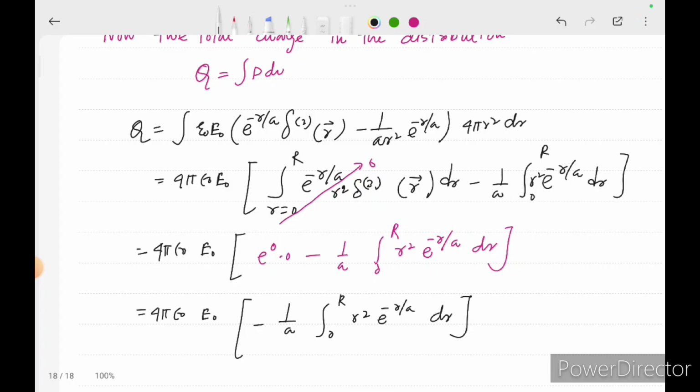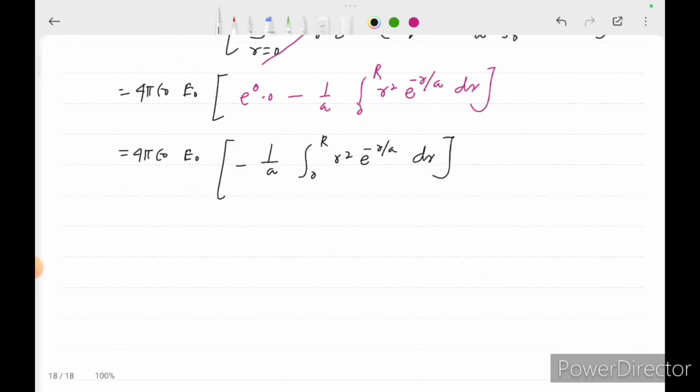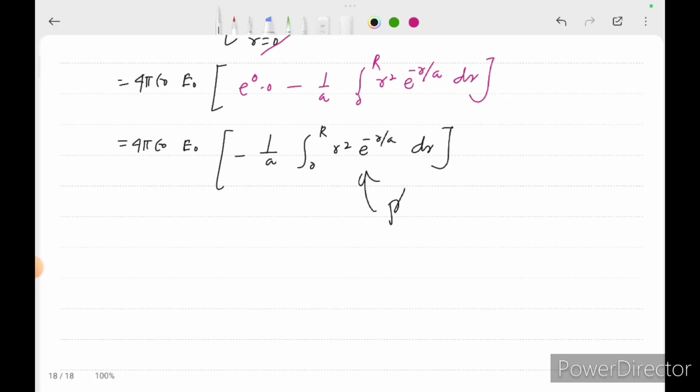Let's step forward to problem number 2. This is another beautiful problem. Just keep in mind, please solve these integrations.